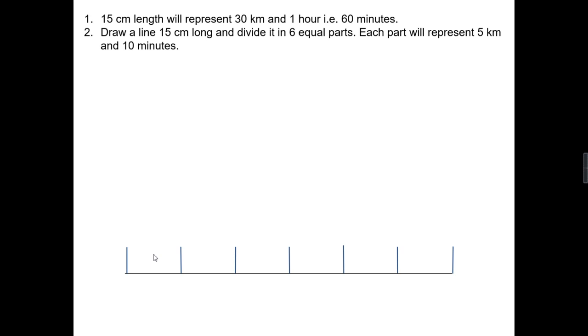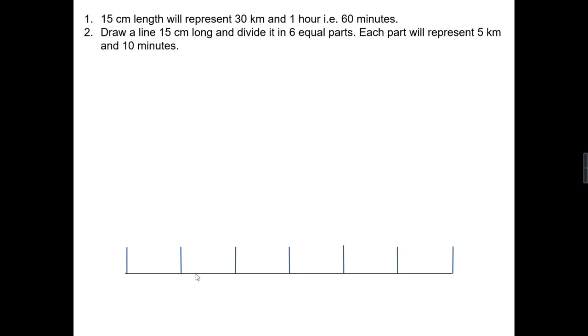What else you can do is you can also divide the line into 10 equal parts. If you are dividing it into 10 equal parts, then each part will represent 6 minutes. Then the first portion you have to further divide into 6 parts.